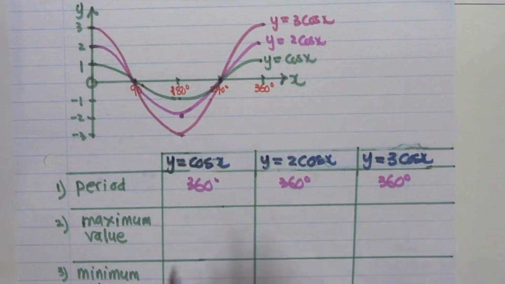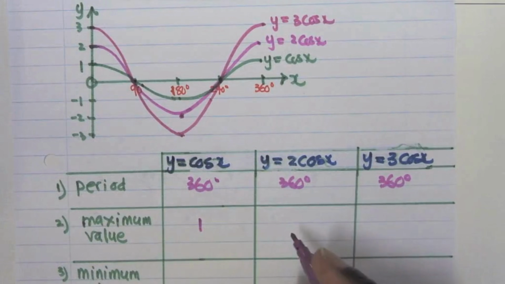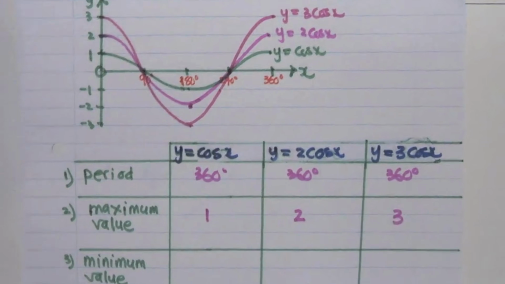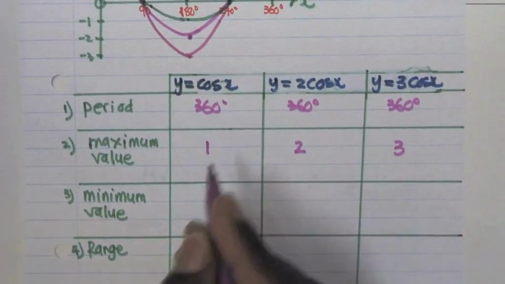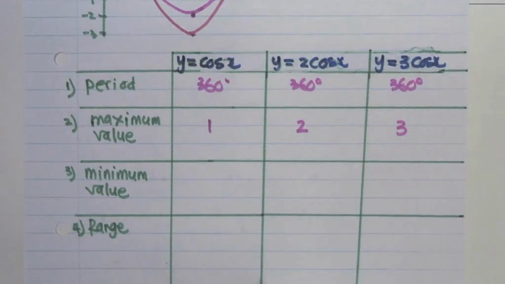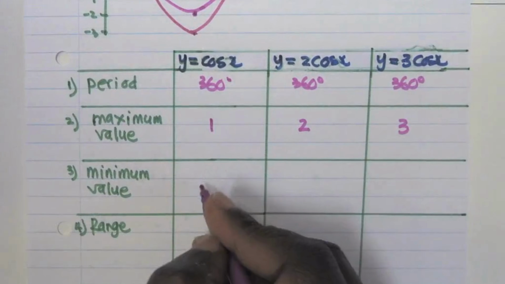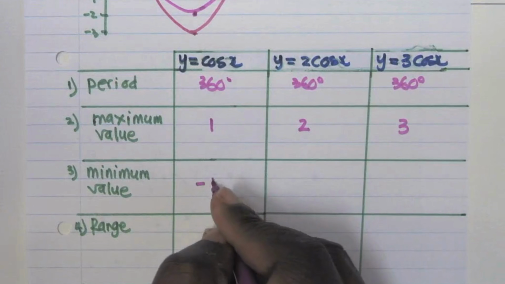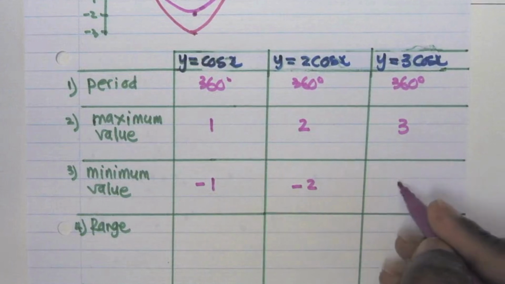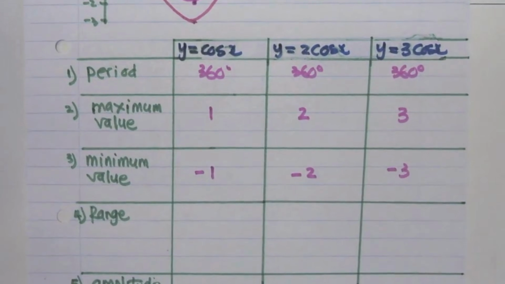The maximum value for the first one is 1, for the second one is 2, and then this one is 3. The minimum value for the first one is -1, the second one is -2, and then for the last one is -3.